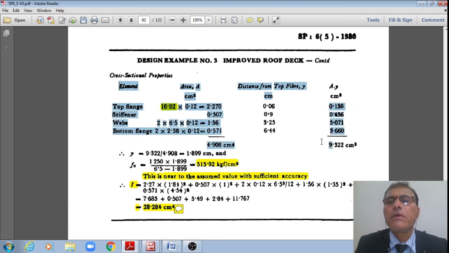I will not go through this table; you are already aware of this. The total area of the top flange, stiffener, web and bottom flange works out to 4.908 centimeter square, and the first moment of that area works out to 9.322 centimeter cube. Therefore, the CG lies at 1.899 centimeter.